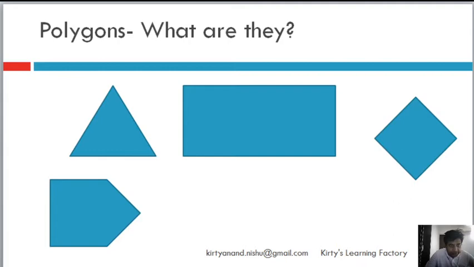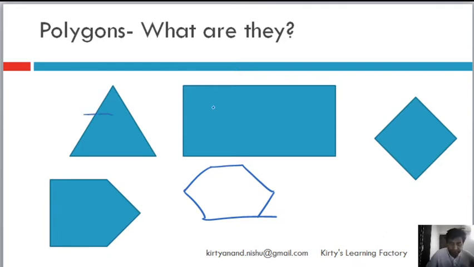So something of this sort, that will be a hexagon. So basically these are polygons, they are closed figures, and they will have straight lines, and that's it.